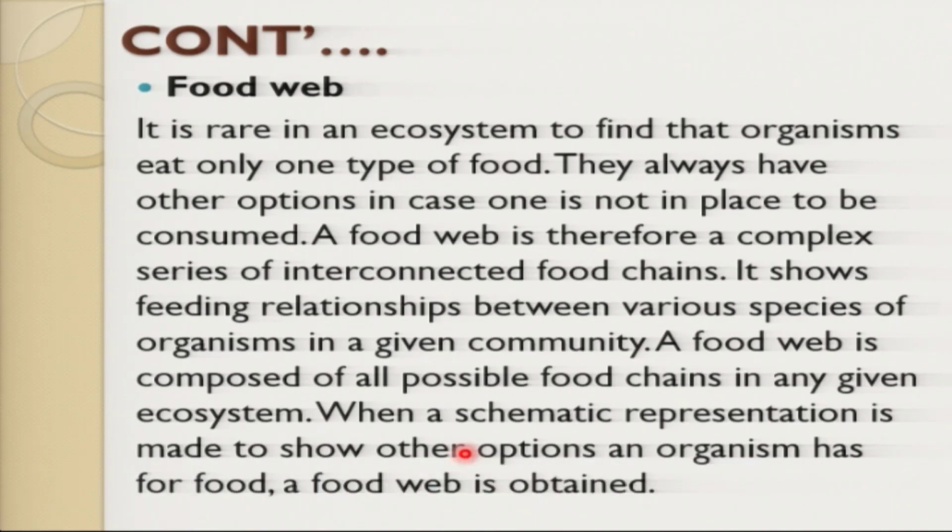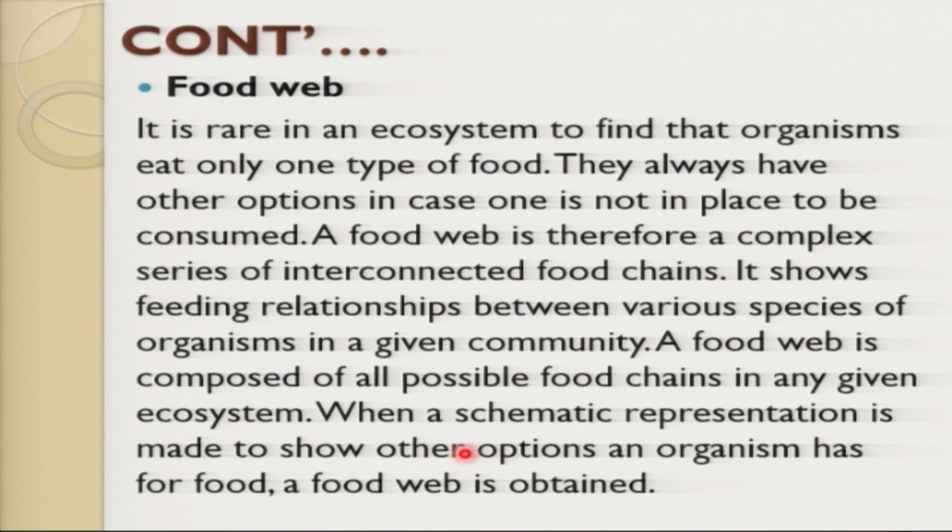So a food web is a complex series of interconnecting food chains. It shows a feeding relationship between various species of organisms in a given community. So a food web is composed of all possible food chains in any given ecosystem.